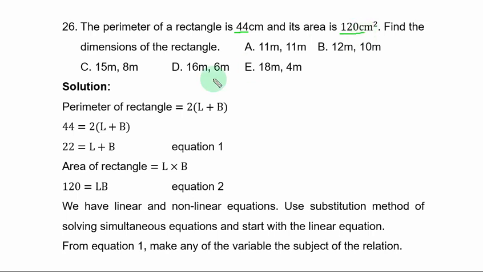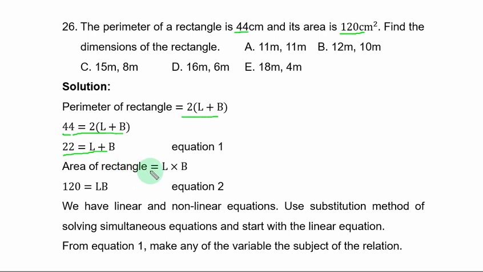So let's start with the perimeter. The formula is this. The length and the breadth are unknown, but the perimeter is 44, equal to the right hand side. Divide through by 2. You have 22 equal to length plus breadth. You call that equation 1.